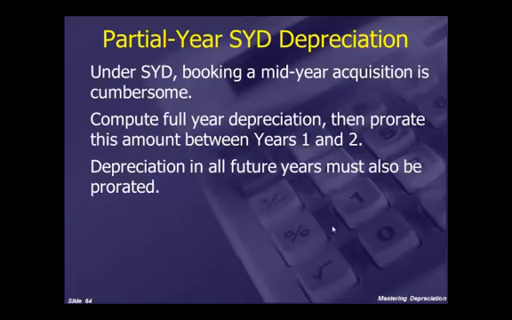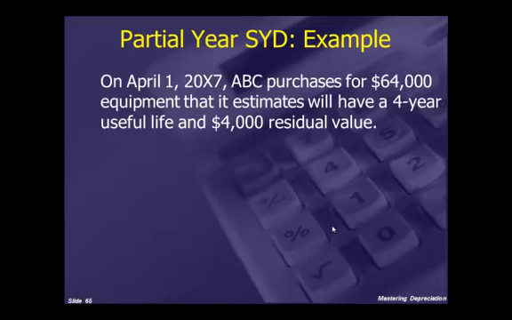And then when it goes to 4/15, we're going to have to use a full 12 months for that as well. Here we have an example. On April 1 of 2007, ABC purchases equipment for $64,000 that it estimates will have a 4-year useful life and $4,000 residual value.